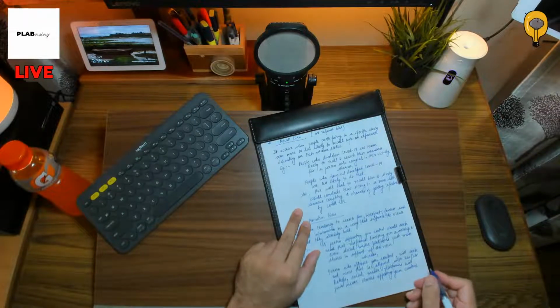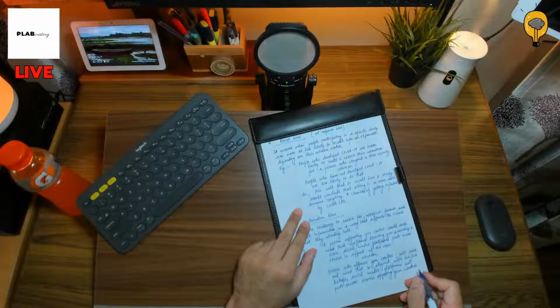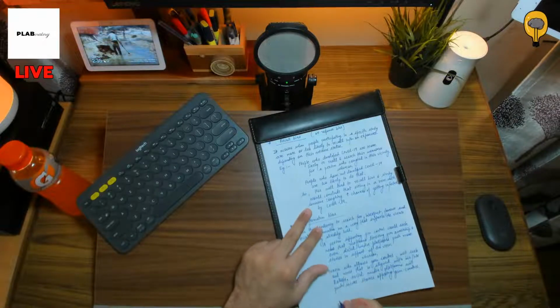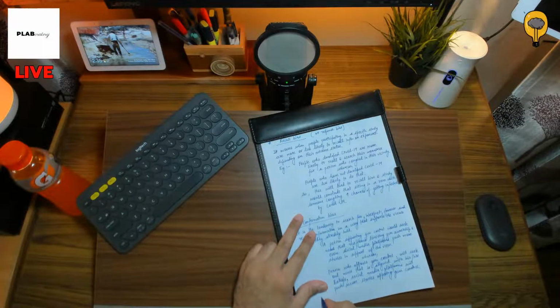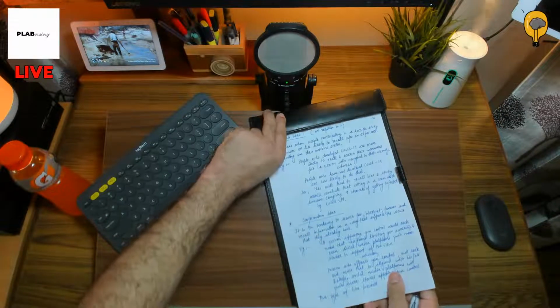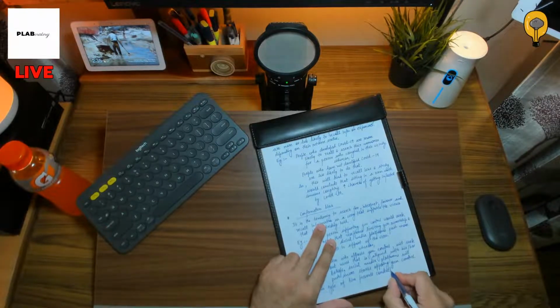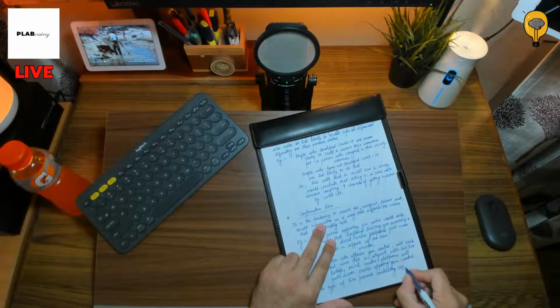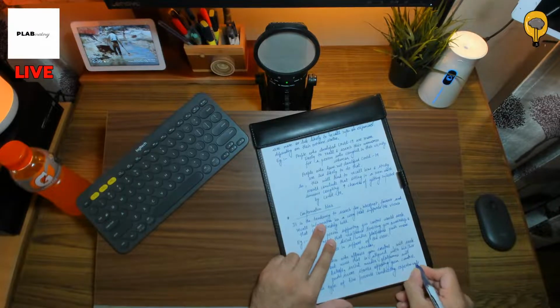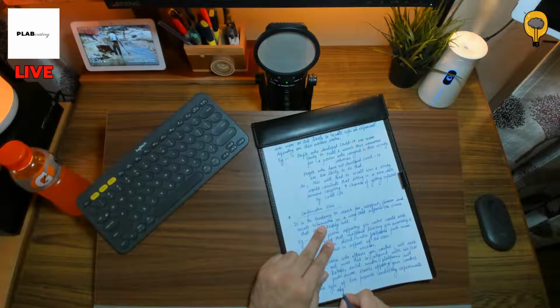So this type of bias will prevent us from looking at the situations objectively in the experiments. This type of bias prevents conducting experiments objectively.